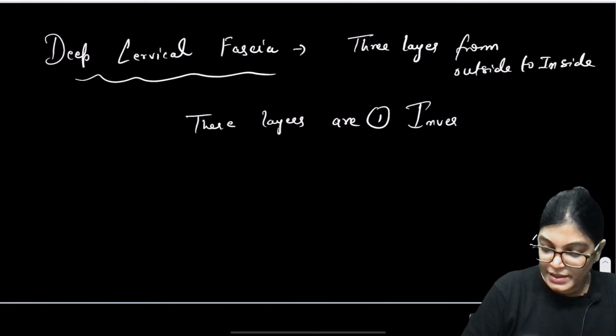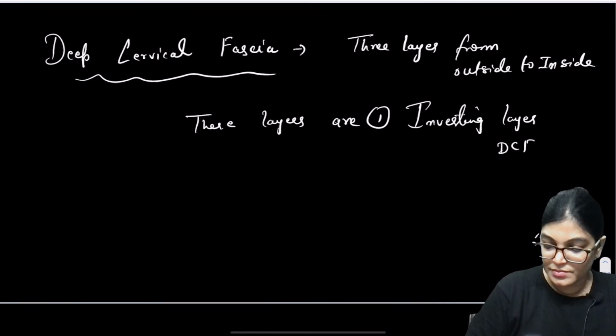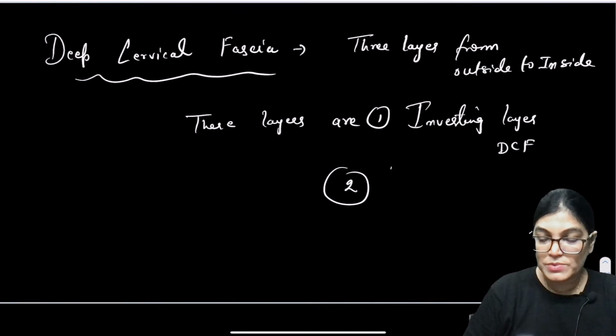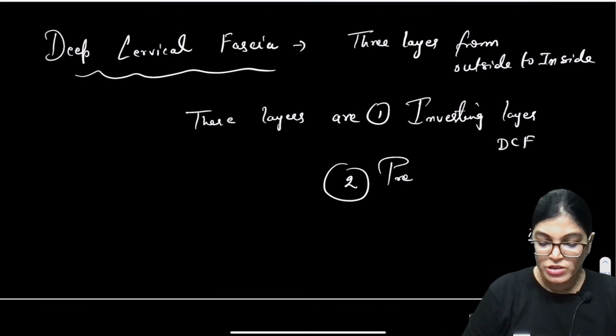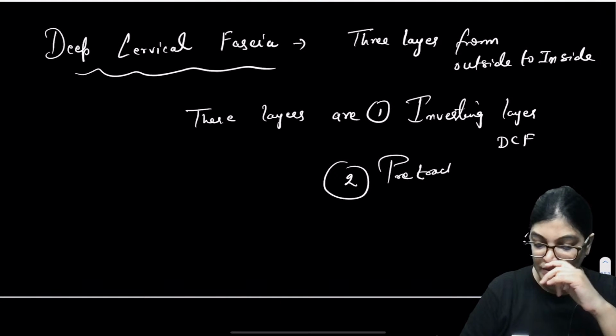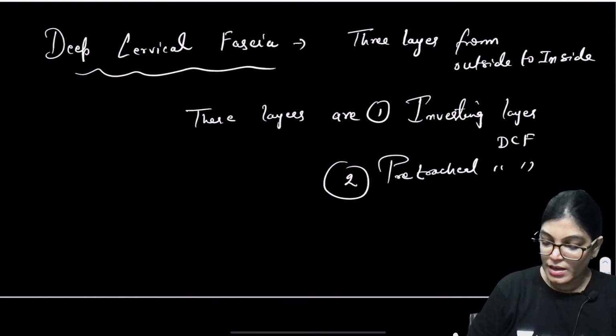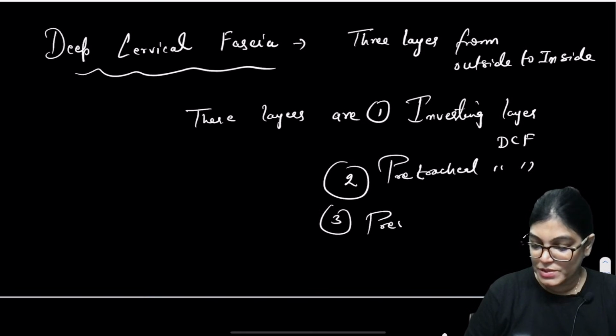The layers are the investing layer of deep cervical fascia, the pre-vertebral layer of deep cervical fascia and the pre-tracheal layer.